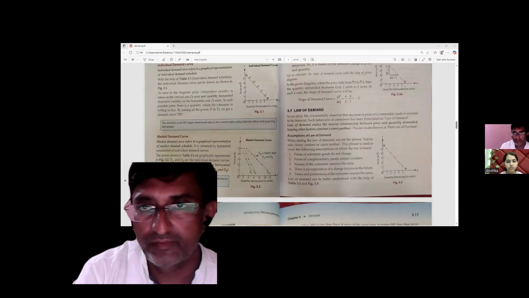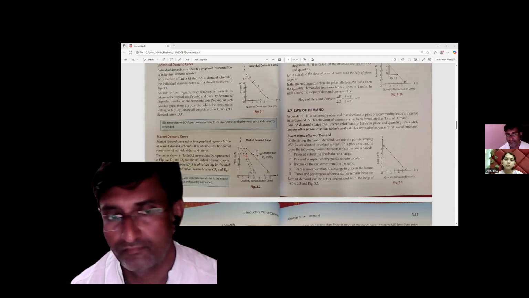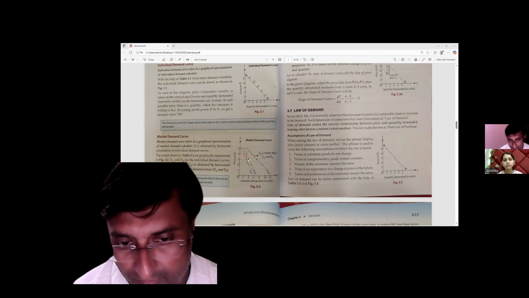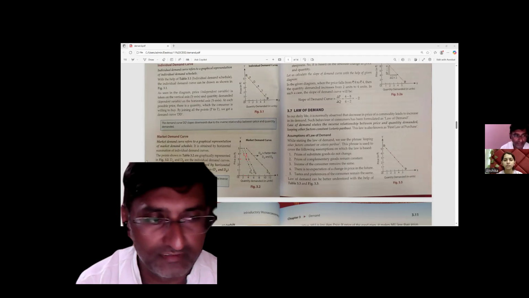Now again, when price was 4, he buys 2 and he buys 4. Price 3, he buys 4 and he buys 5. Right? So the same thing will happen in this case.